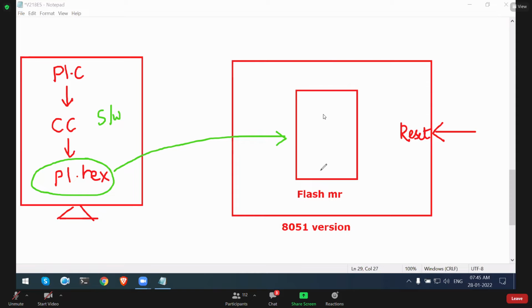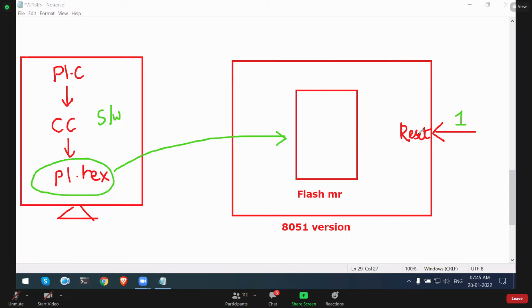Whenever you are dumping or flashing the hex file, you have to give 1 on the reset pin. As soon as you give 1 on the reset pin, this hex file dumping process will start.